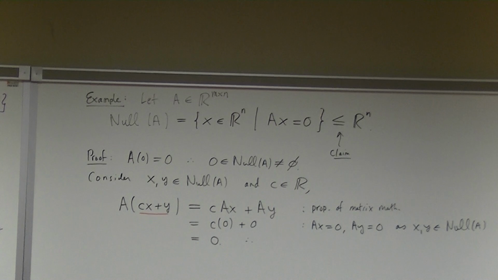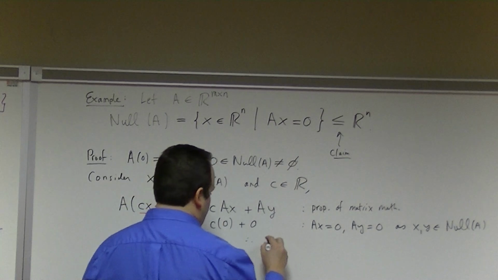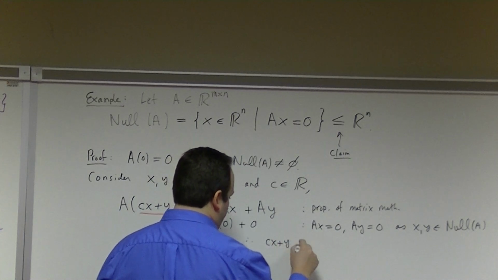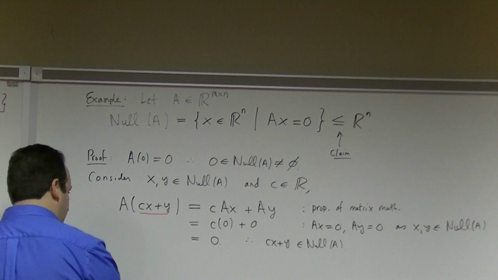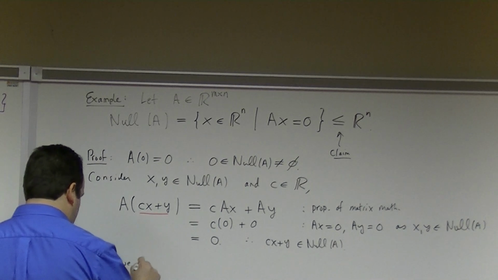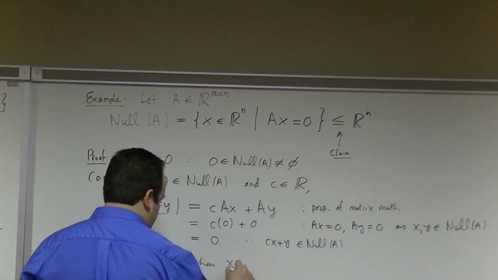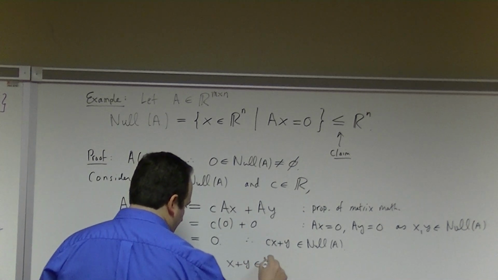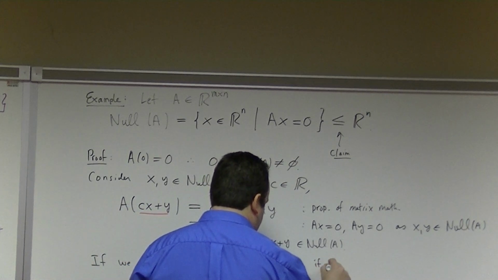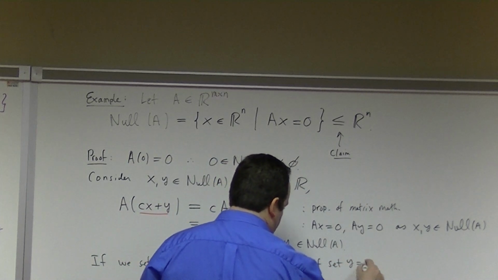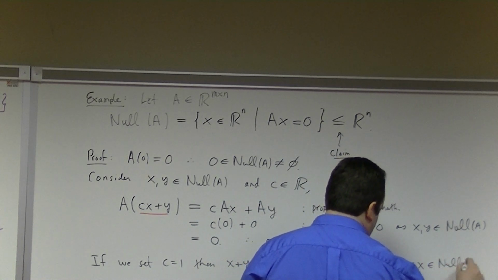So cx plus y is in the null space of A. If we set c equal to 1, then x plus y is in the null space of A, right? And if we set y equal to 0, then cx is in the null space of A, right?